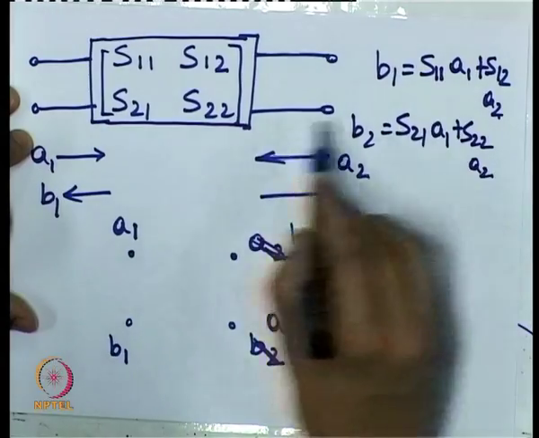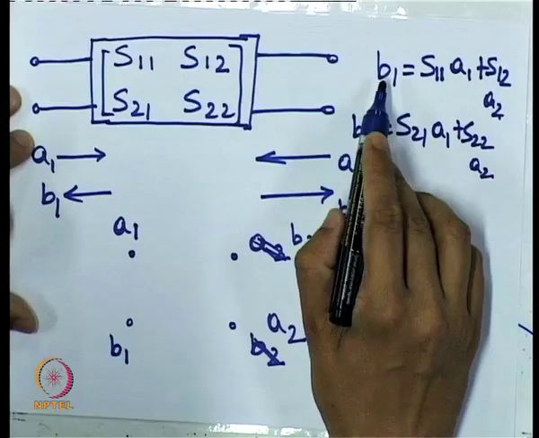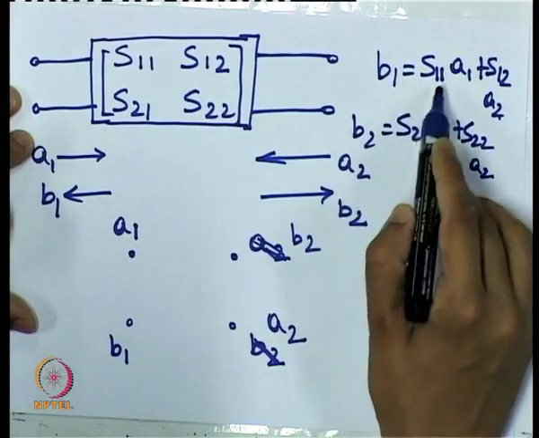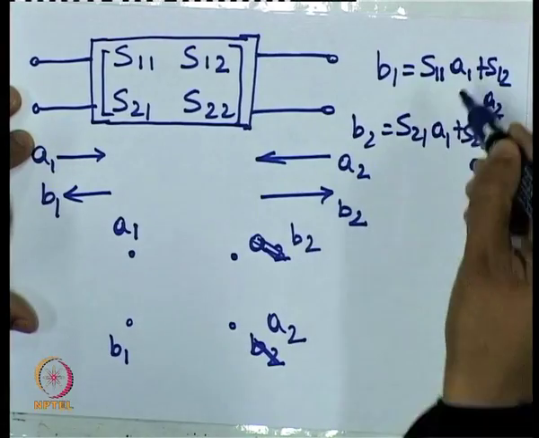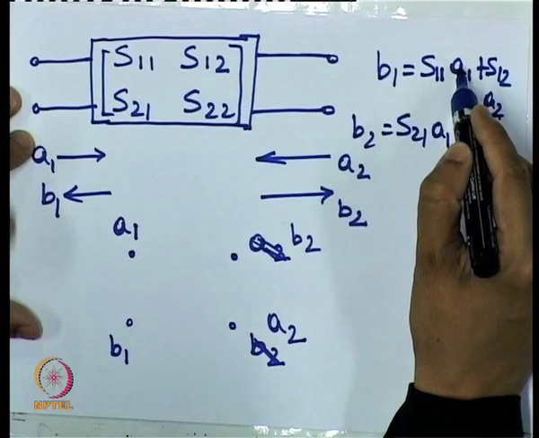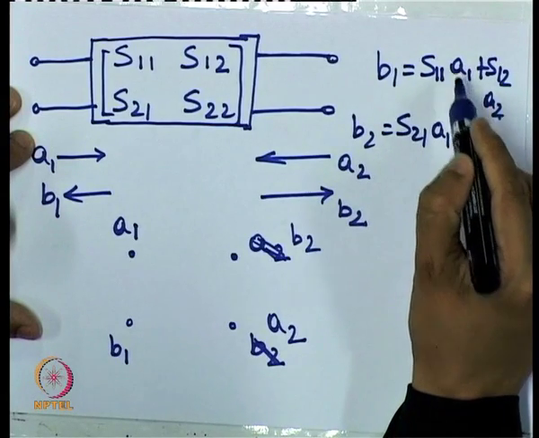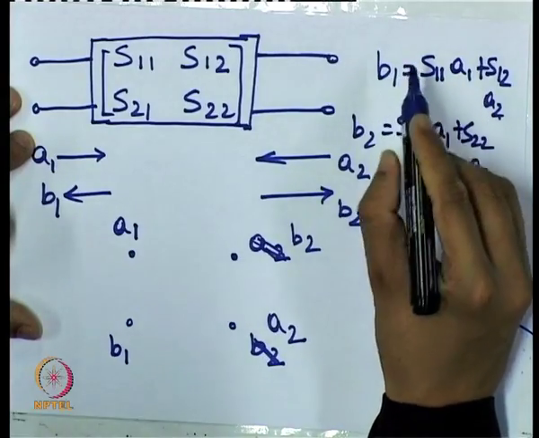So we can see that if we consider just this network, then B1 and B2 are caused by A1 and A2. So it is like A1 and A2 contribute to B1 and B2. In other words, power is flowing from A1. It is A1, the power flowing in A1, that is giving rise to B1.